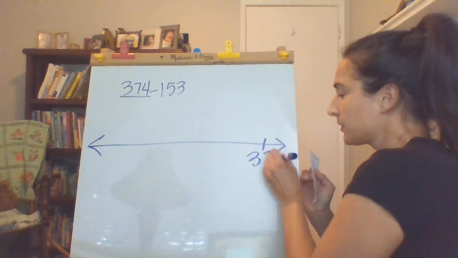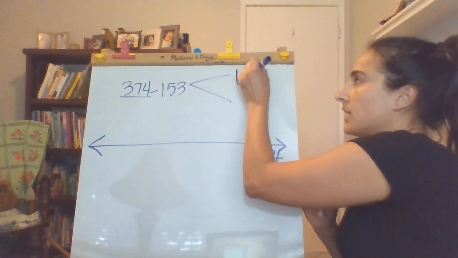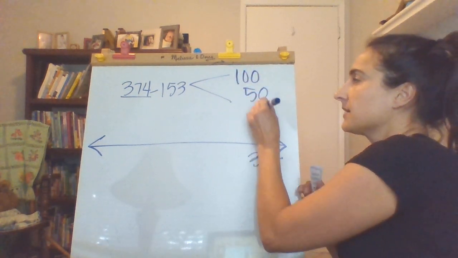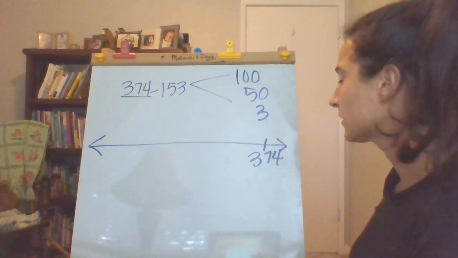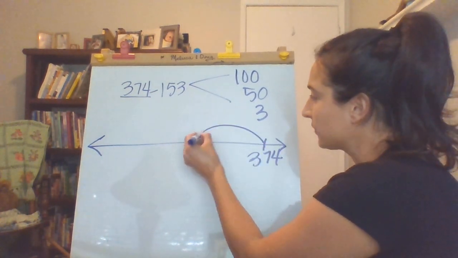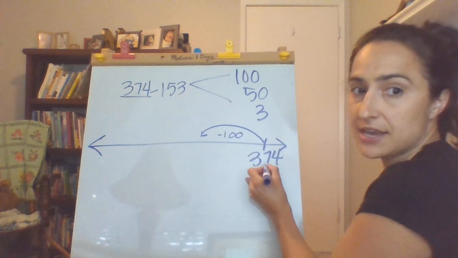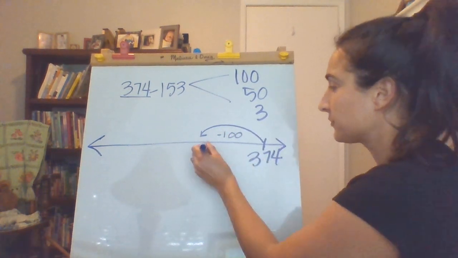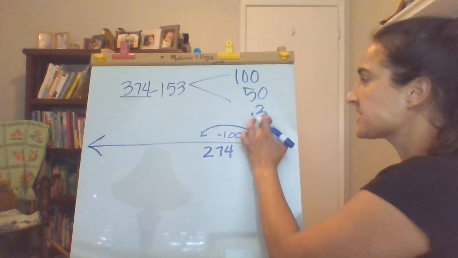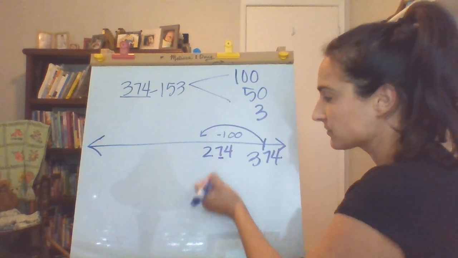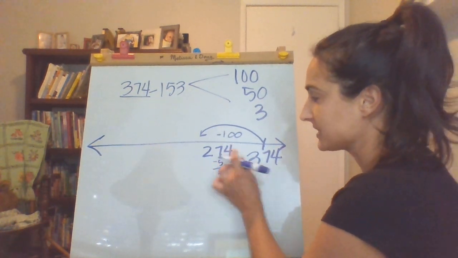That's my biggest number. I'm going to look at my 153, 150 and 3. I broke it up into expanded form. I'm going to take away 100. If I have 300 and I take away 100, I'm left with 200. The rest stays the same. Now I'm going to take away 50, 5 tens. So 7 minus 5 is 2. The rest stays the same.